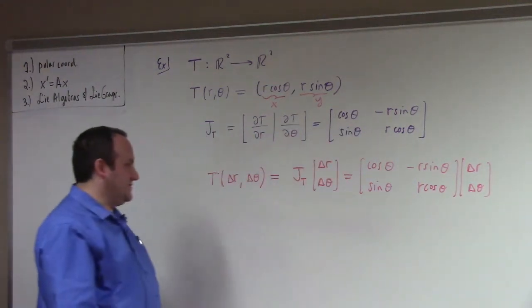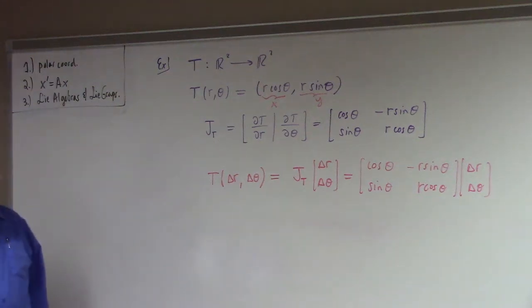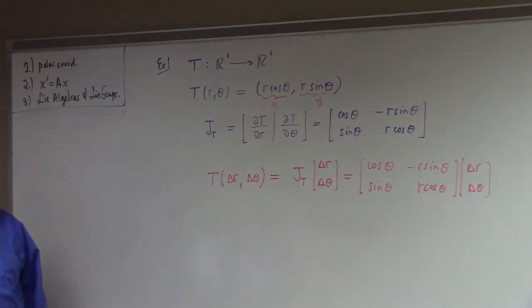The larger point is that while the polar coordinate change formula is nonlinear, if we look at its derivative, that's the best linear approximation to the change in the function. And we can think about what a linear transformation does to an area before and after.